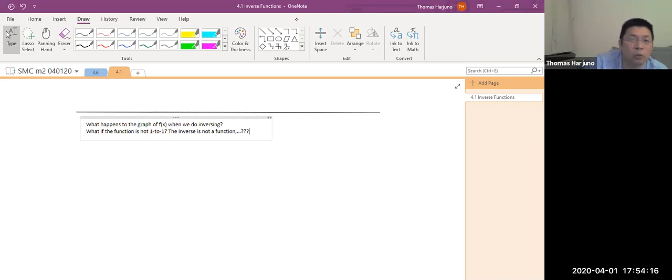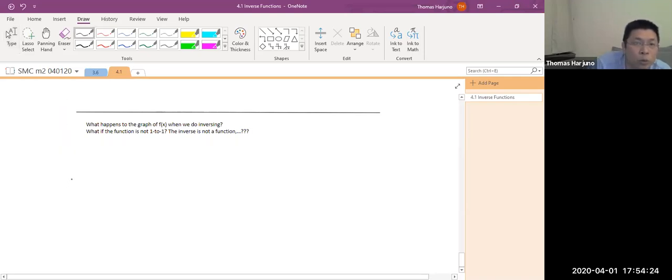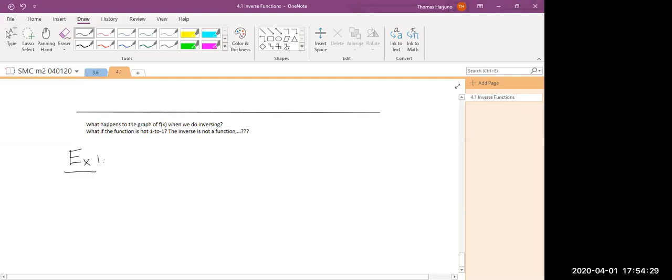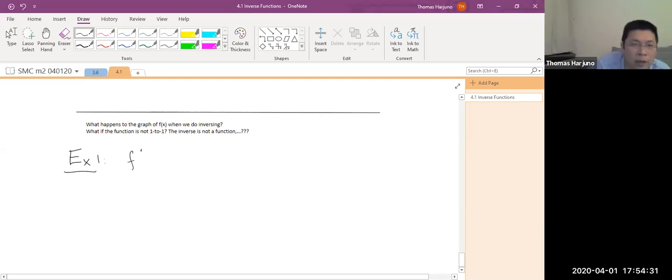Now, let's see what happens to the graph of the function if we do inversing. Let me ask you to look back to one of our examples earlier. One of our examples earlier was f(x) equals 2x minus 1.